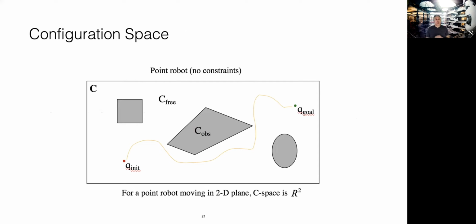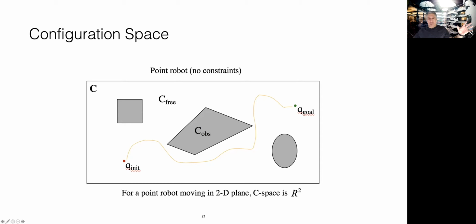For example, a configuration space in its most simplistic form for the navigation problem can be the 2D plane. And if you assume that the robot is a point, and that you don't care about the orientation, then you are just dealing with the XY positions, or the rectangular positions, of the robot in this space. So you have the entire configuration space.